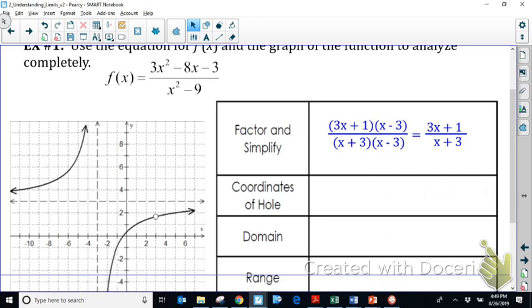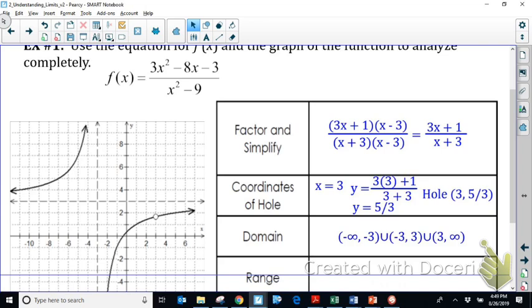Because it does have a common factor in the numerator and the denominator, it does have a hole at x equals 3, because that's the solution that we get when we set that factor equal to 0. Substituting the 3 into the simplified expression gives us our hole at (3, 5/3), or 1 and 2/3, however you want to think of it.